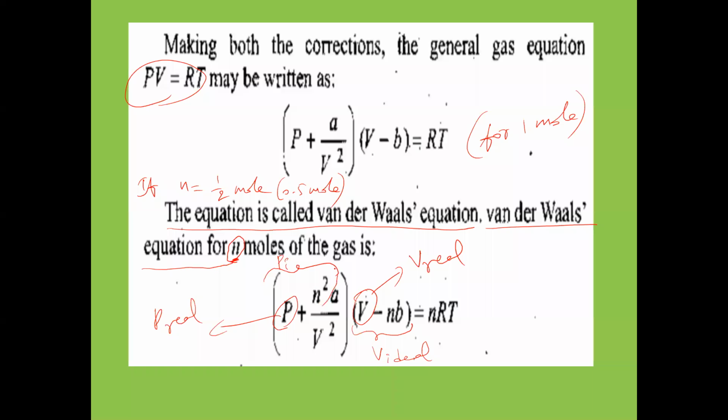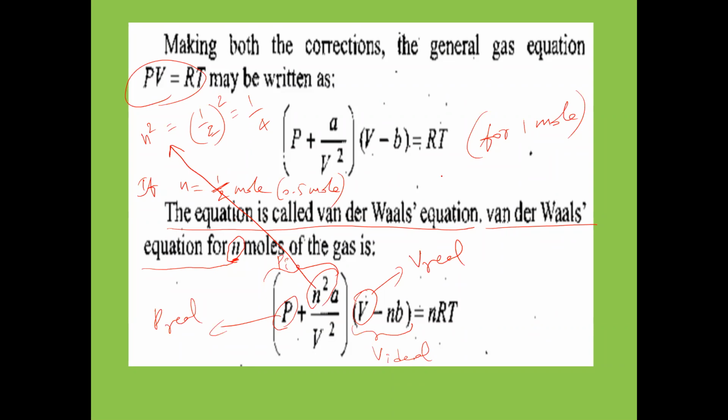So n square becomes 1 by 2 whole square, that is equal to 1 by 4.